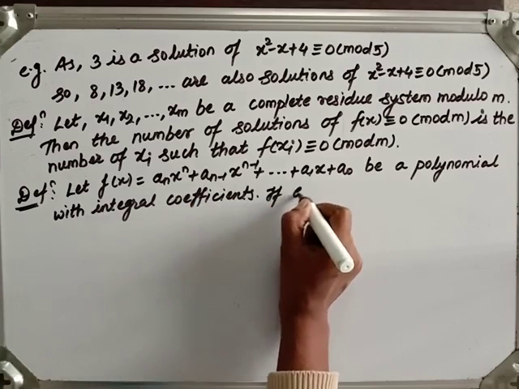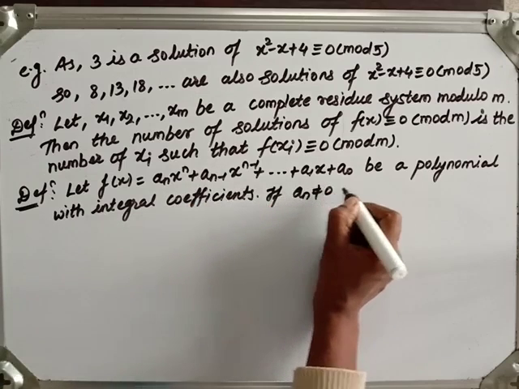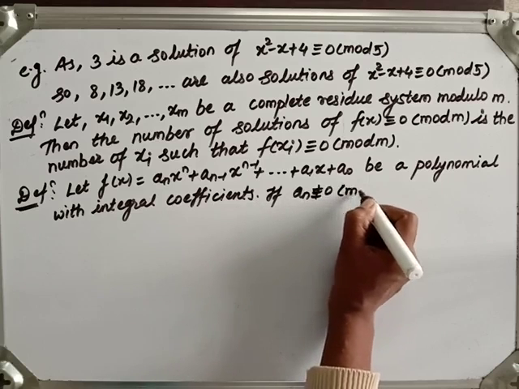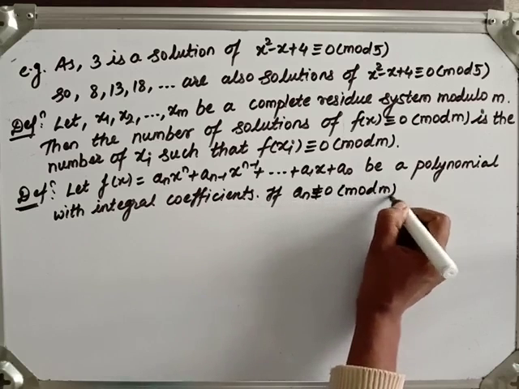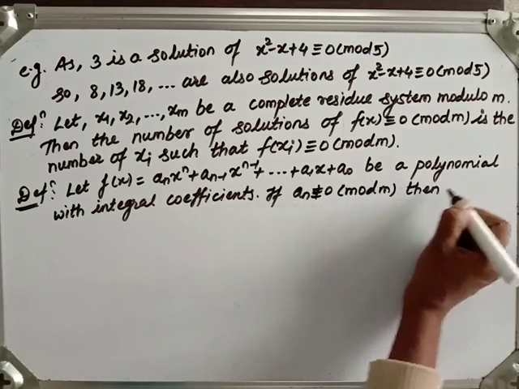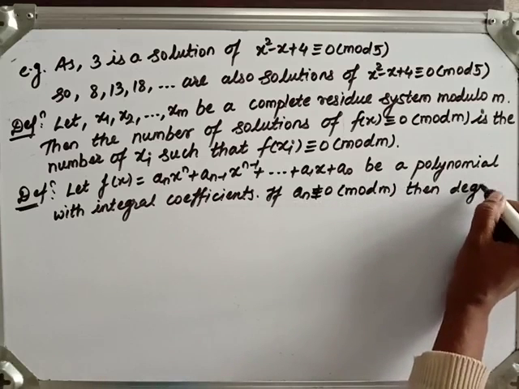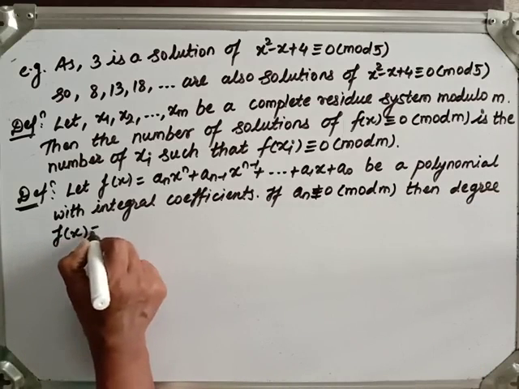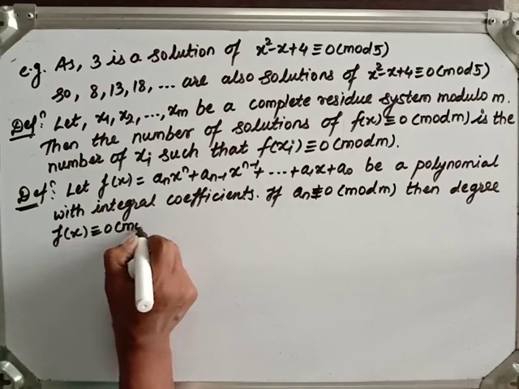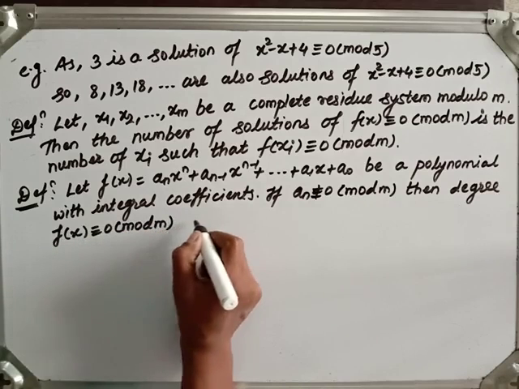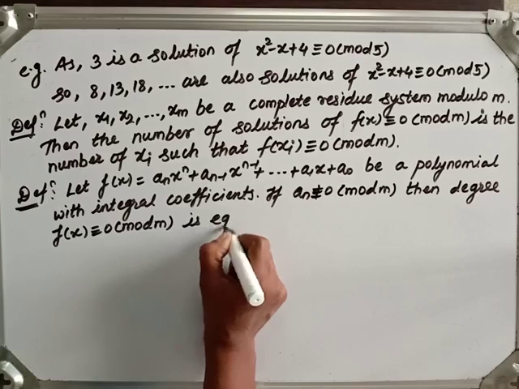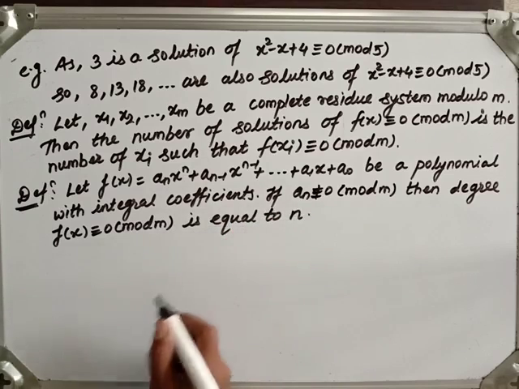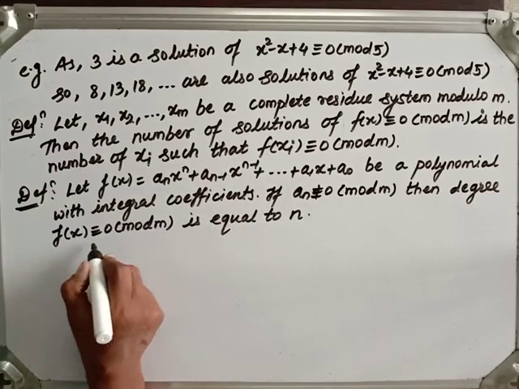If a_n is non-zero, or a_n is not congruent to 0 modulo m, then the degree of f of x, or the degree of this congruence equation f of x congruent to 0 modulo m, is equal to n.